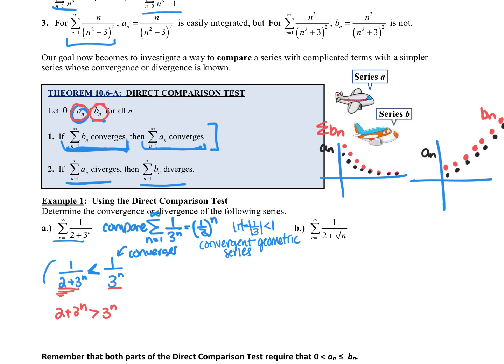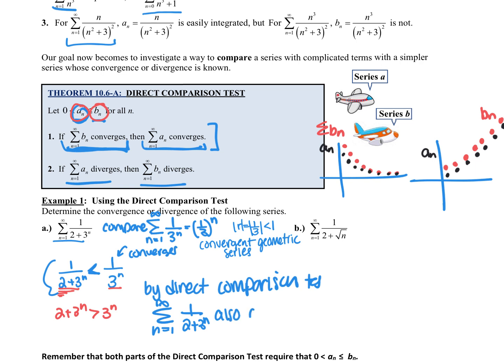So since this guy is smaller, by the direct comparison test, this guy also converges, because it's smaller than 1 over 3 to the n, and 1 over 3 to the n converges.